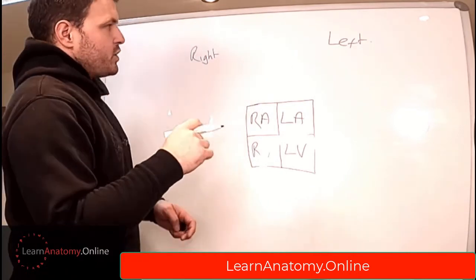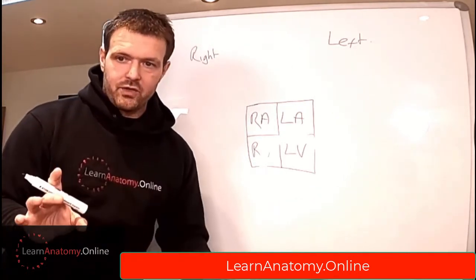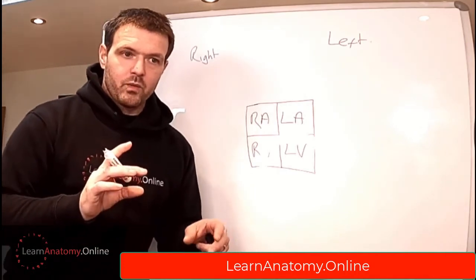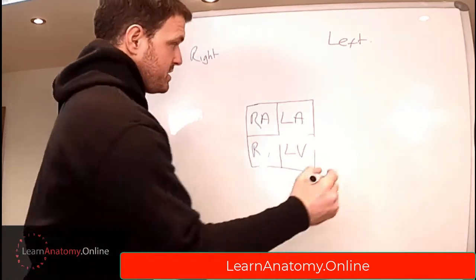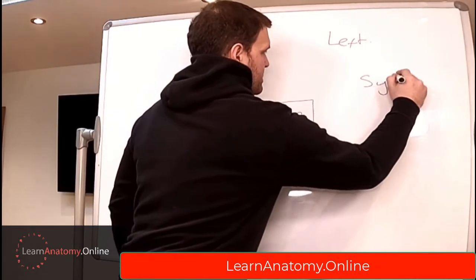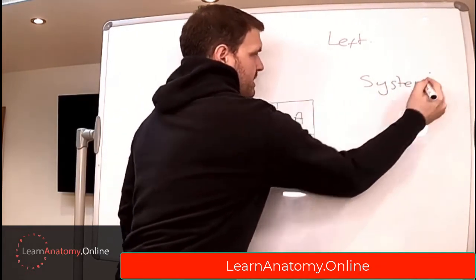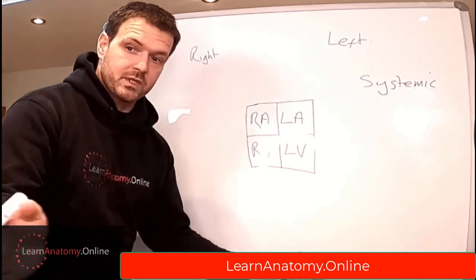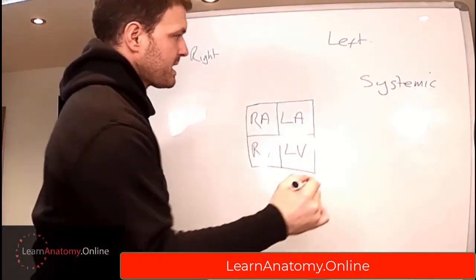Now, your heart has 2 different circulations. We've got what we call the systemic circulation, and that goes to the whole system. Okay, so your whole body, the whole body system is your systemic.